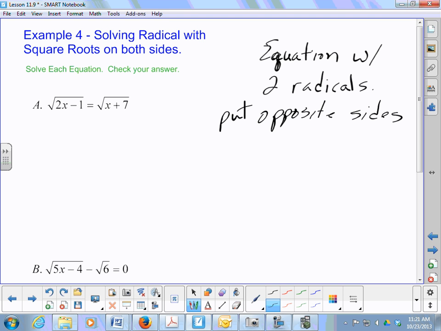Put them on opposite sides. Put it in good grammar English, or English grammar, whatever it is.